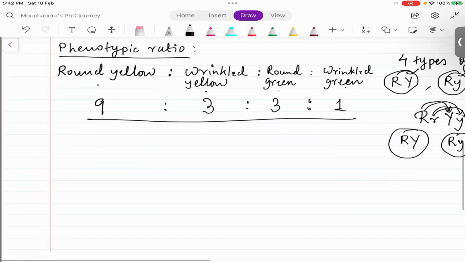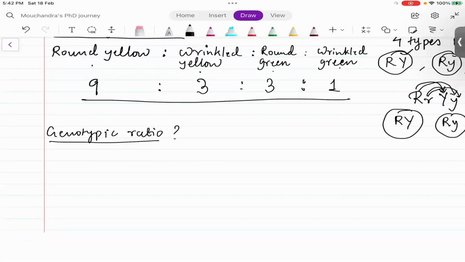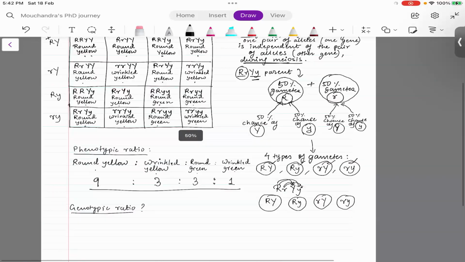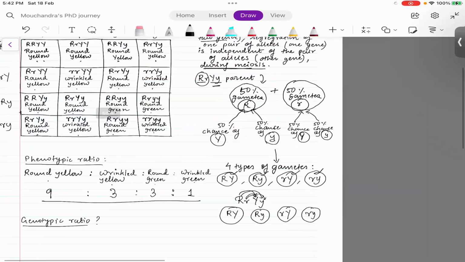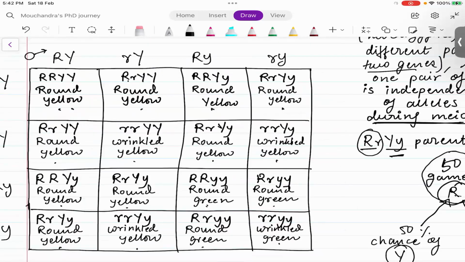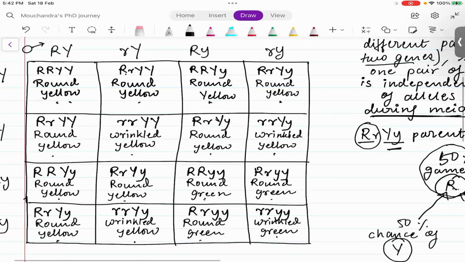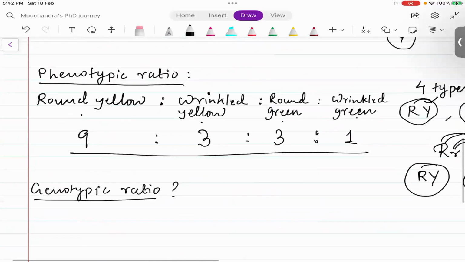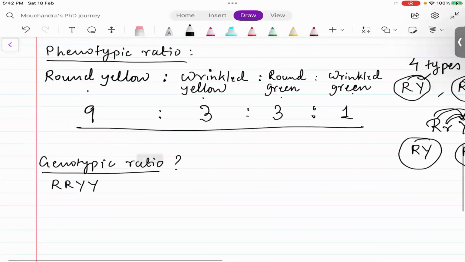But what is the genotypic ratio then? Can you determine? As you can see from this Punnett square, it will not be a small ratio. It will be quite big. We can see so many types of genotypes, right? So let's write all the types of genotypes, and from that we can get the genotypic ratio.